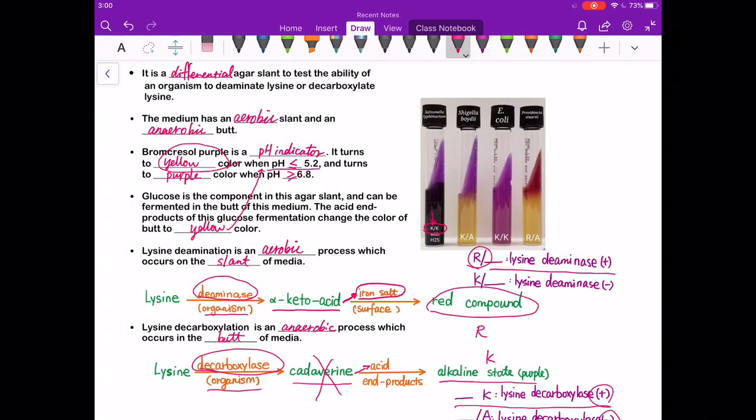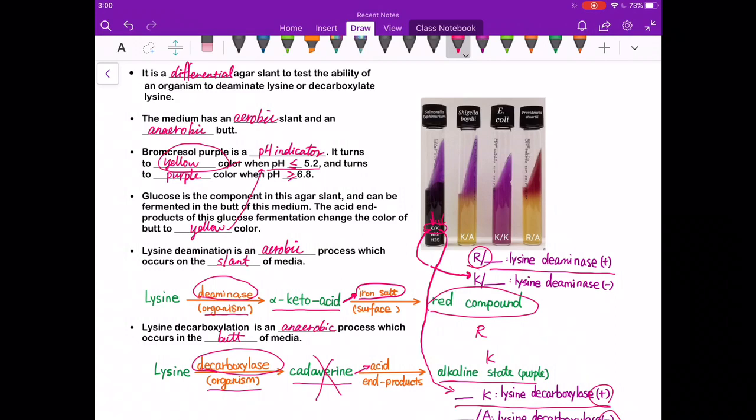And the second letter, on the right side of the slash, stands for the result of the lysine decarboxylation reaction, which occurs in the butt of this medium. For example, let's take a look at the test result on the first tube. The first K here represents lysine deaminase negative. And the second K here represents lysine decarboxylase positive.